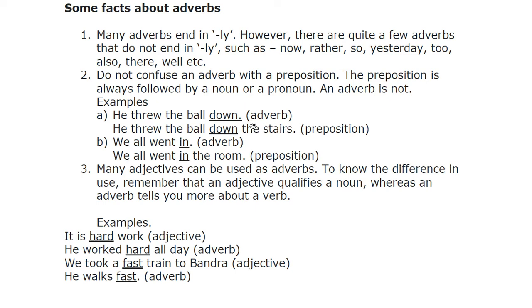The stairs is a noun. So if there is a noun after what you think is an adverb, it is not an adverb, it is a preposition. Clear? In the first, there was nothing more. No noun, no pronoun after this. So it is an adverb. Here you have a noun, the stairs. So it is a preposition.